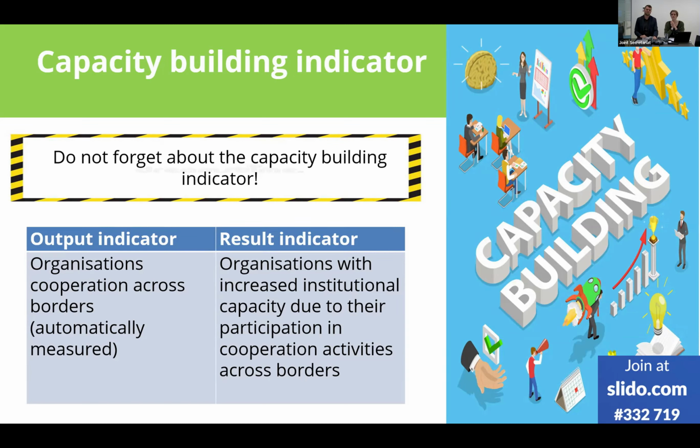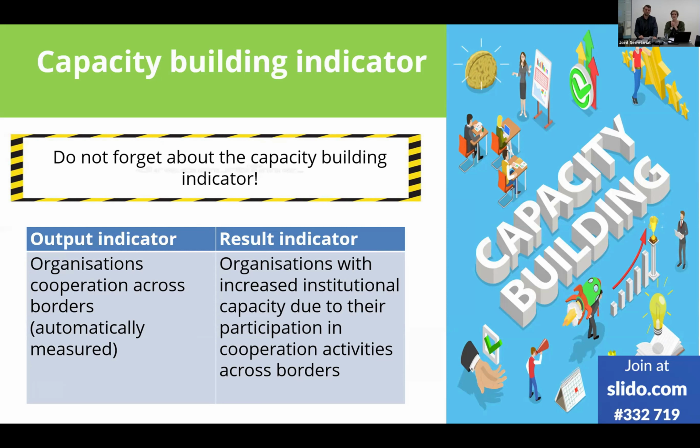And I would just like to make a very short example, and that is, in case you have 10 organizations in your project, I would argue that the target for the respective result indicator would be higher, because it's not only measuring the organizations with increased institutional capacity within your project, but also counting external organizations.